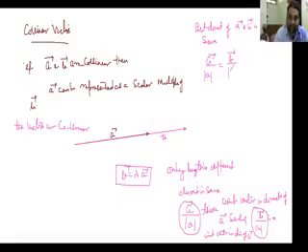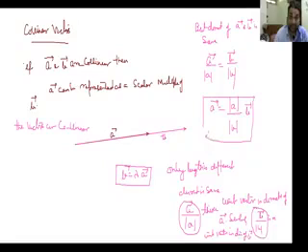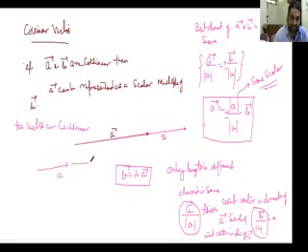Now if these two vectors are the same, then all their i, j, k components should be the same. So I should get 4 equal to beta. From here also I get 4 equal to beta, and from the third I get lambda equal to beta. So what is lambda? 4. So lambda equal to 4.